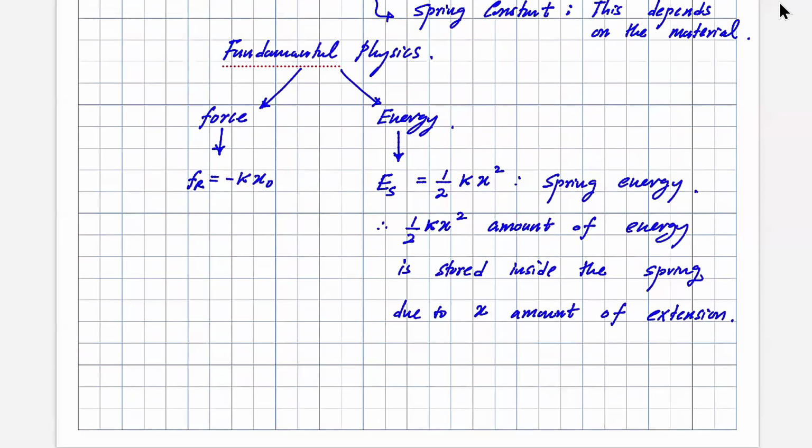We will try to go deeper. Think about this situation, which is the rest length. The spring is at rest, nothing is attached to it.